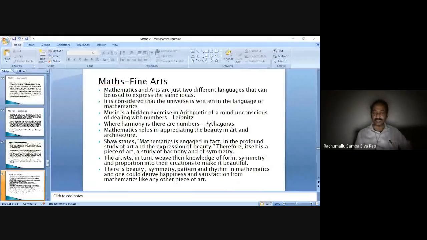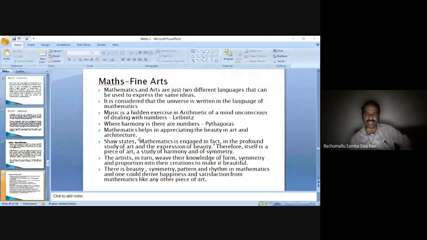While composing tunes or something else, we have to use the concepts of arithmetic. Pythagoras says that where harmony is there, there are numbers. So without the application of the number system, we cannot perform harmony.